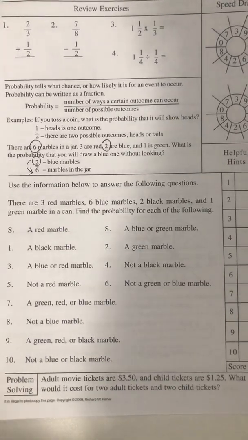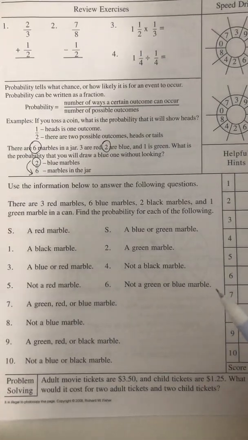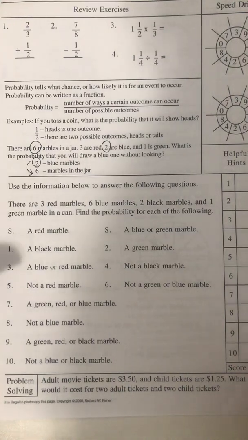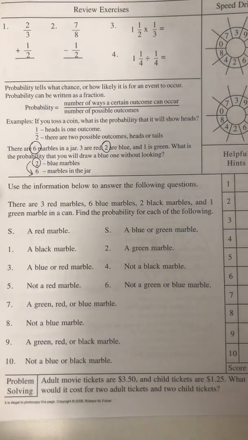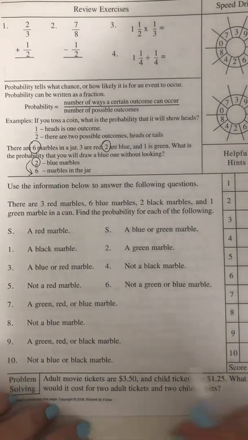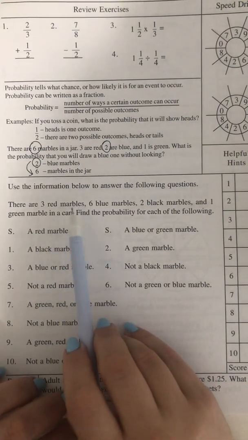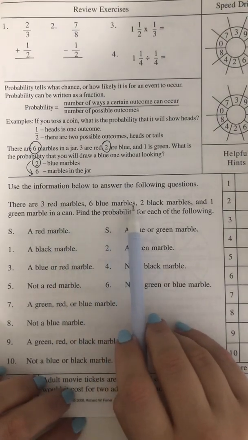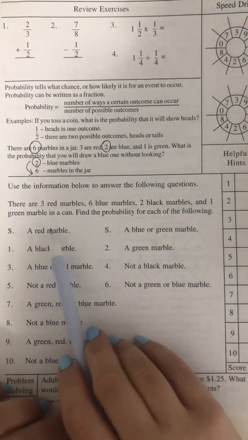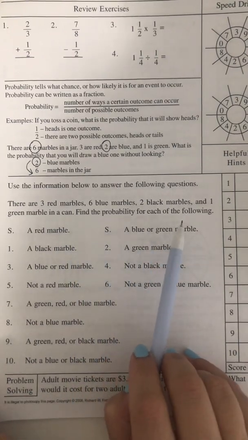It's also using marbles to decide what the probability would be to pull one or a combination of these marbles. So I'm going to give you a good tip. It says there are 3 red marbles, 6 blue marbles, 2 black marbles, and 1 green marble in a can. Find the probability for each.